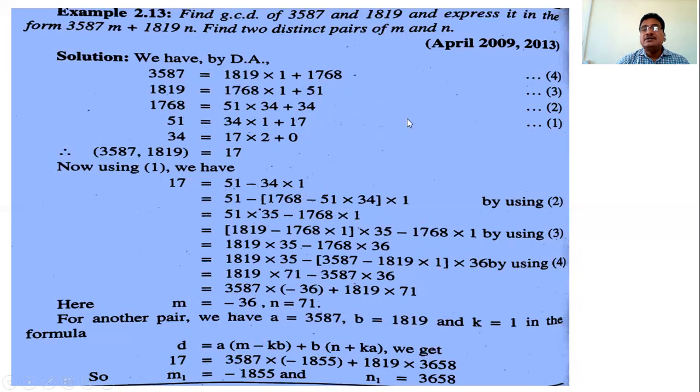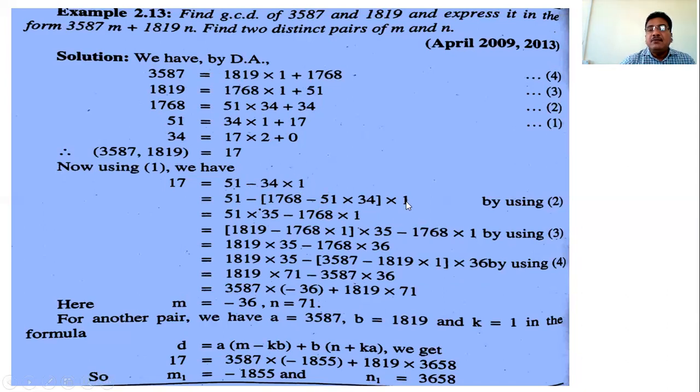Then if you observe the second equation, what is 34? It is 1768 minus 51 into 34. So substitute here the value of this 34, and because of the minus sign, write it in square brackets: 1768 minus 51 into 34, into this 1 as it is.